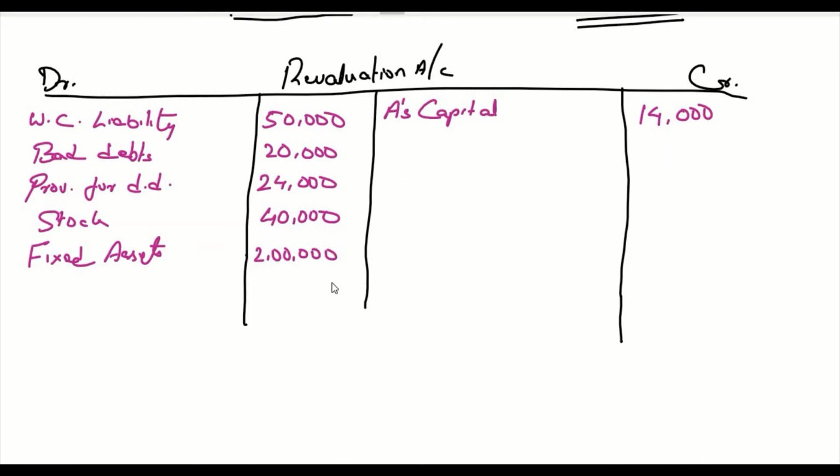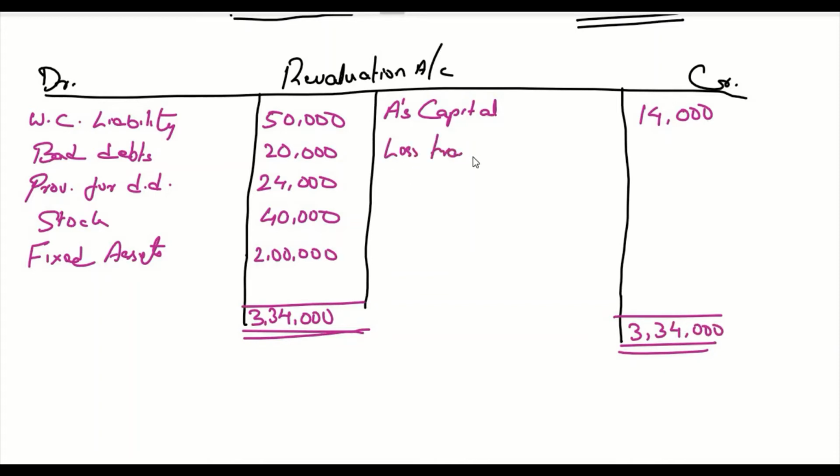Okay. Now, the total of this (3,34,000). Loss transferred to capital. 3,34,000 minus 14,000, it's 3,20,000.